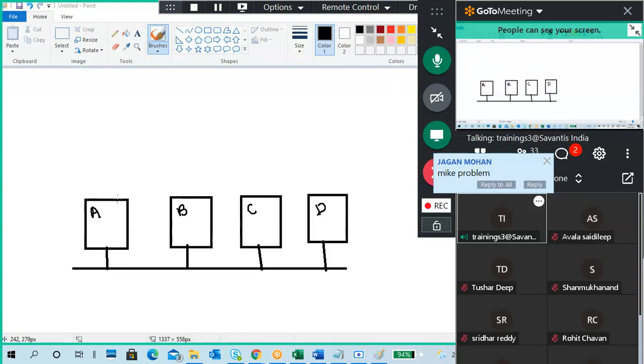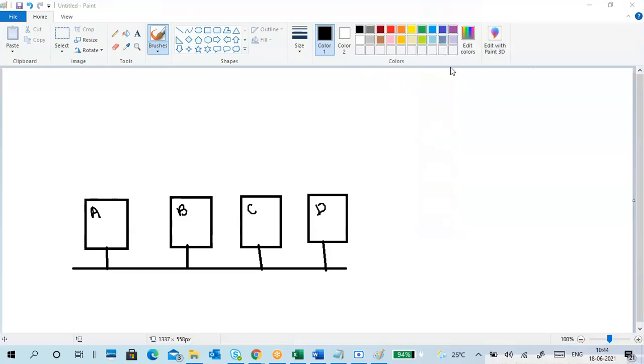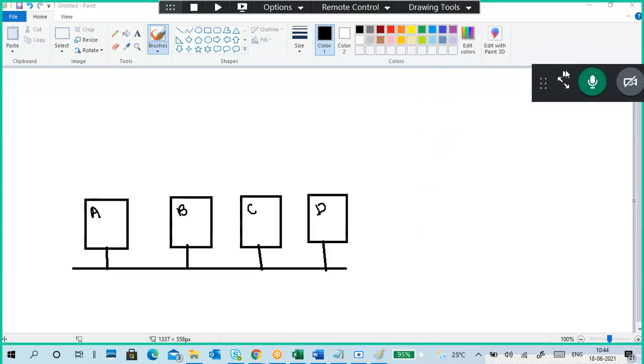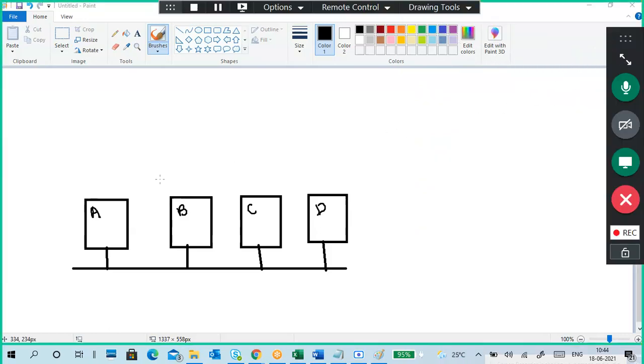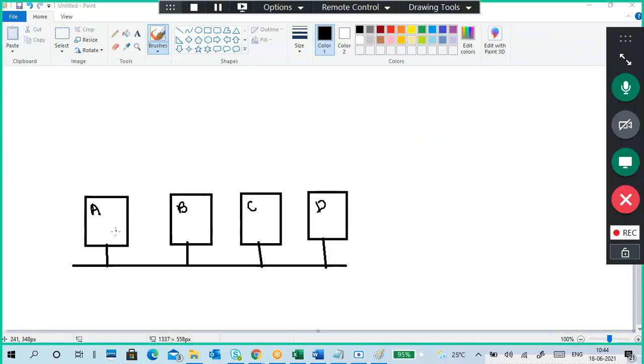So see here. I will change this one, small one. Look here. I'm assigning a number, just a number, not the full part. So I assign 11, 12, 13 and 14.